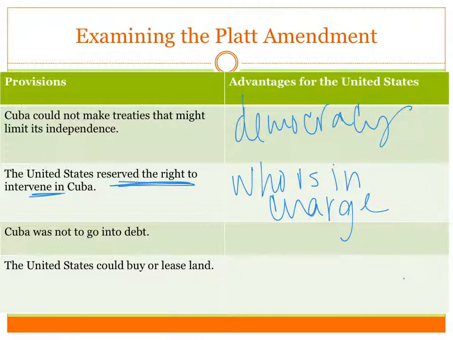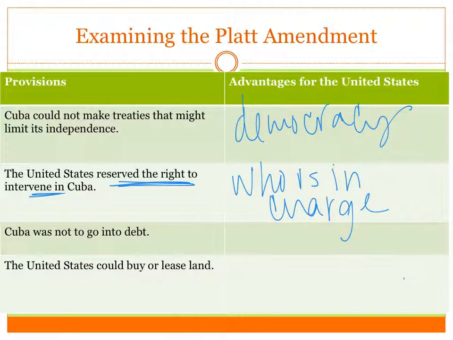The third one, pause and think again. Cuba was not to go into debt. Now, debt is when you owe money. What would be an advantage to the United States of Cuba not being in debt? Well, if they're in debt to another country, that country has power over them.